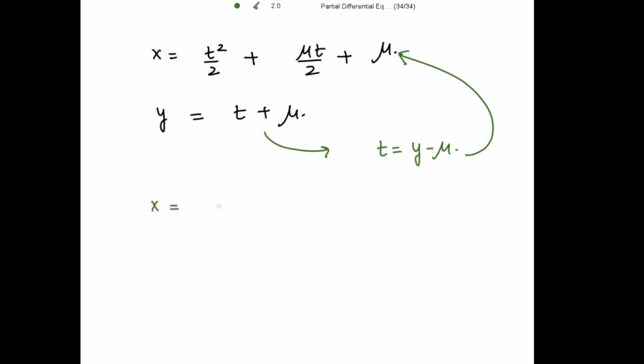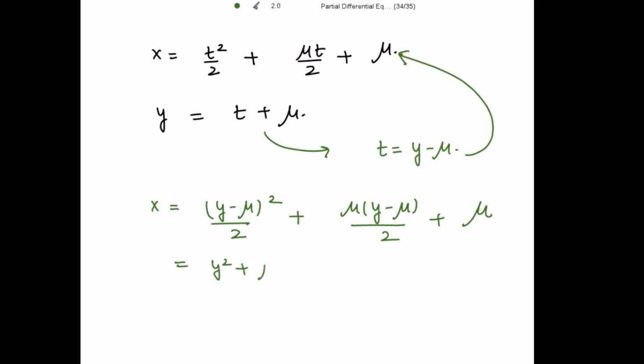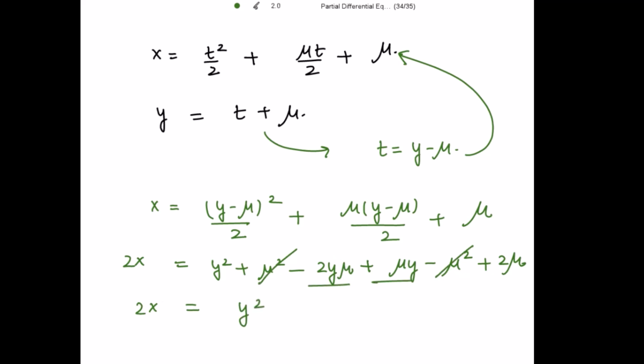So x is equal to (y minus mu) whole square divided by 2 plus mu into (y minus mu) divided by 2 plus mu. So solving this further, this is y square plus mu square minus 2y mu plus mu y minus mu square plus 2 mu, and writing here 2x. So these two cancelled out and we have 2x to be equal to y square minus 2y mu plus mu y gives minus mu y plus 2 mu.